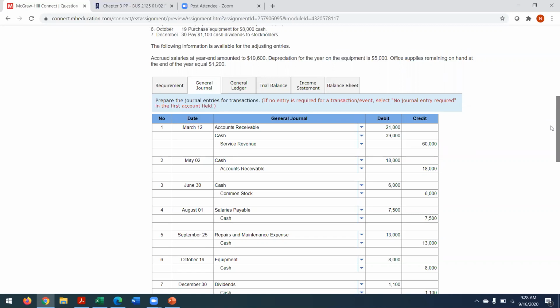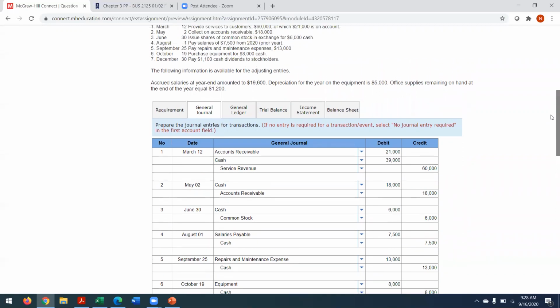It's easy. Now, the journal adjusting entries say accrued salaries at year end amounted to $19,600. What does that mean? It means salaries have been incurred, people have worked, but we haven't paid yet.